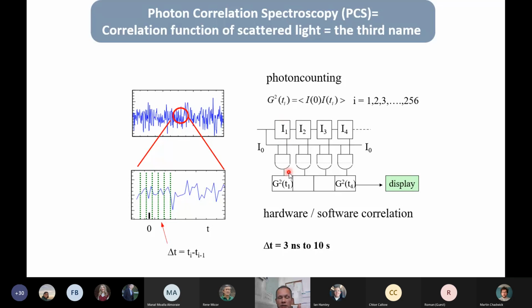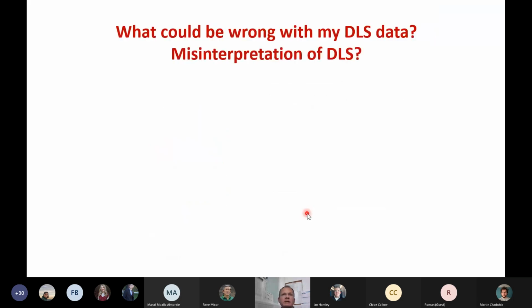Then it calculates in real time, during the experiment, the values of the correlation function for different delay times. And that's how it is supposed to work for a diluted, monodisperse, ideal solution.